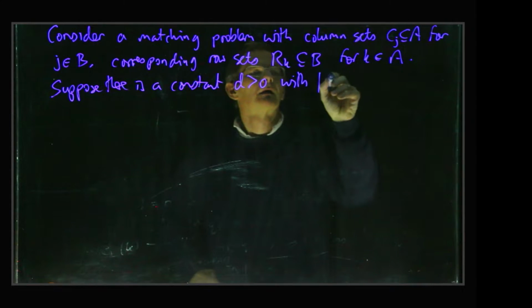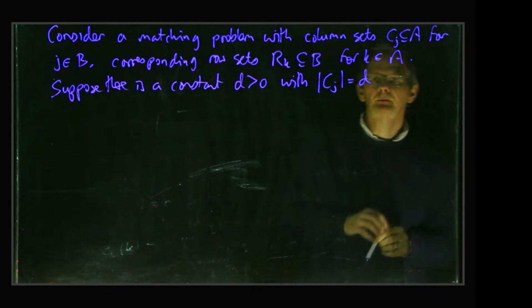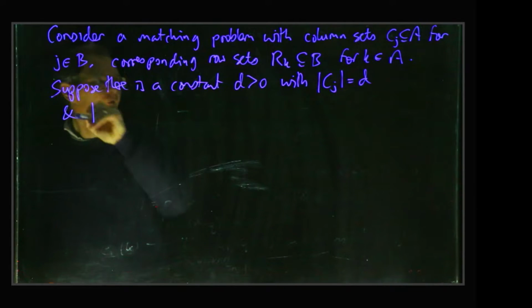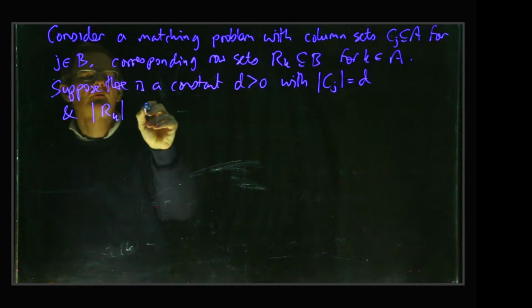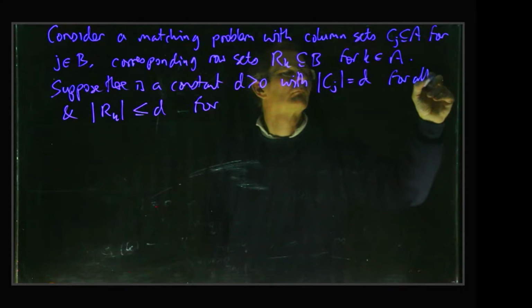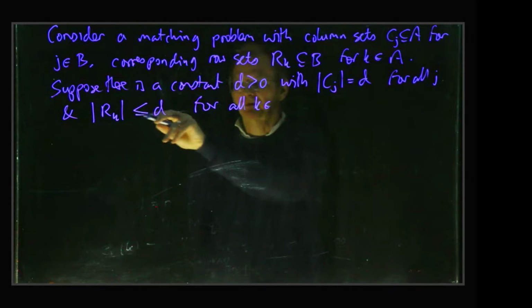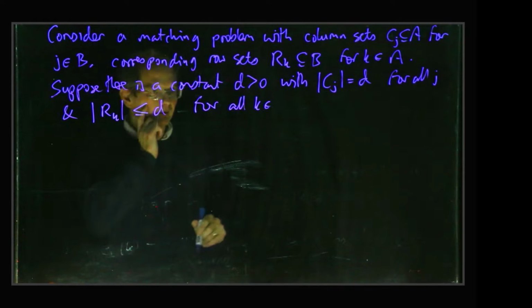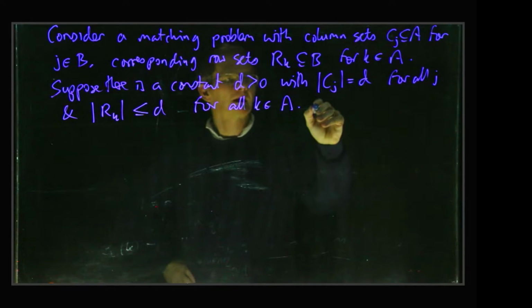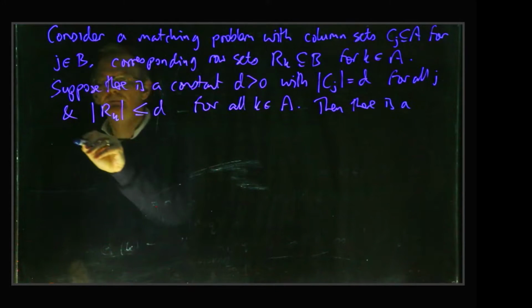In this case we're going to assume that all the column sets C_j have size exactly d, and the row sets R_k have size less than or equal to d, for all k in the set A. Okay, so then we claim there is a solution.